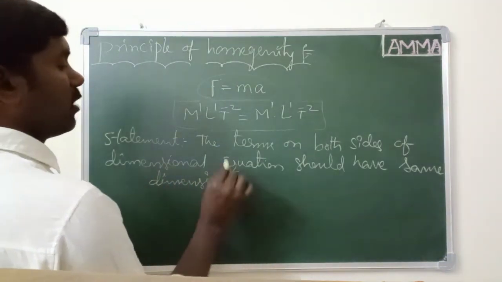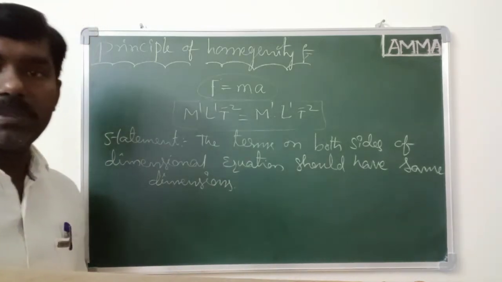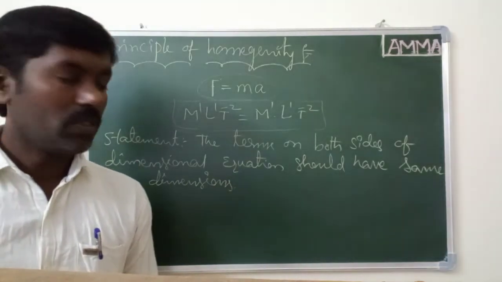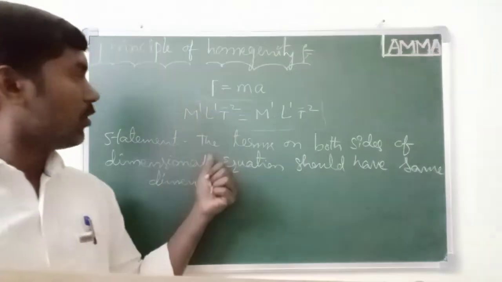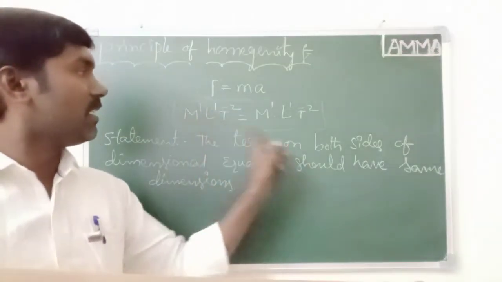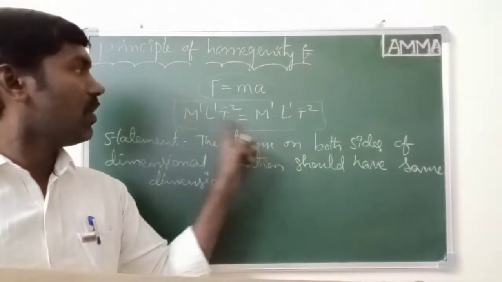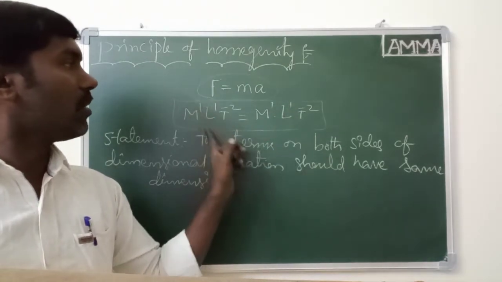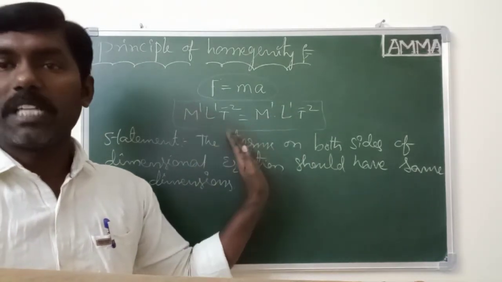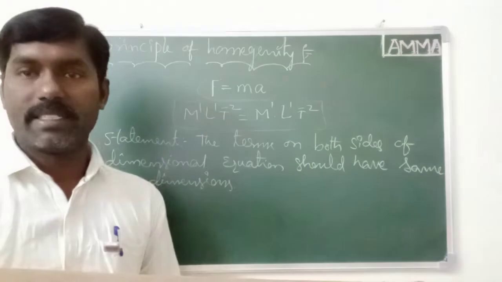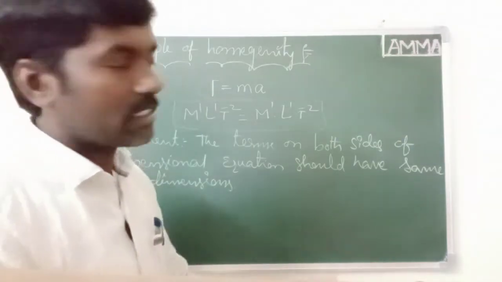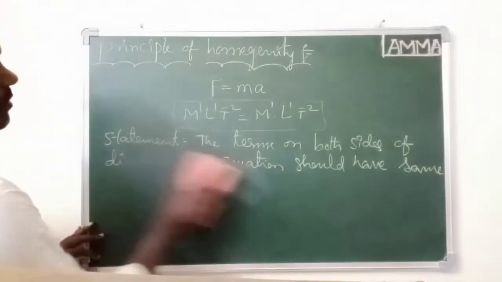So in this dimensional equation, whatever the terms are, all terms should have the same dimensions on both sides of the equality. Is it clear, friends? Now let's discuss the next concept.